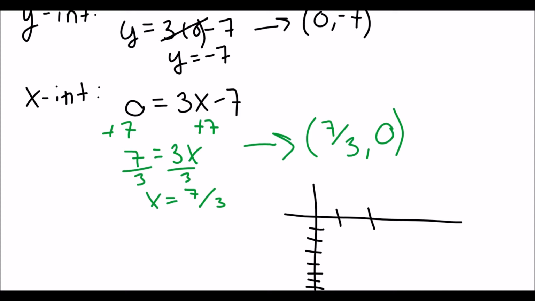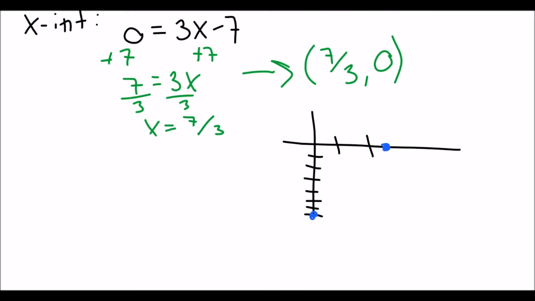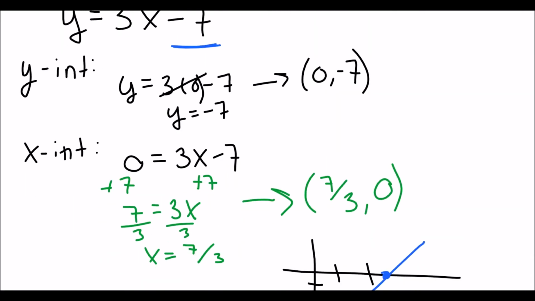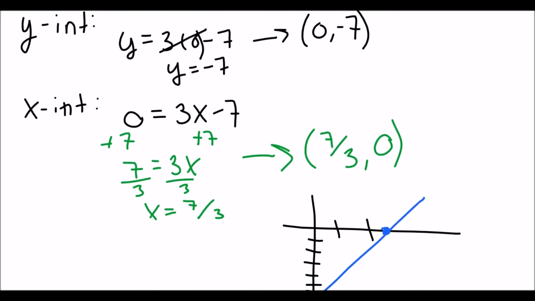Okay, and now if we graph this, we have the point 0, -7, and so that is right there. And we have the point 7/3, 0, which is a little more than 2, and that's right there. So then we can just connect the two dots with a line. And yes, that is supposed to be a straight line. And our problem's done. So as you can see, solving for the intercepts is a pretty easy way to get your graph of the equation.